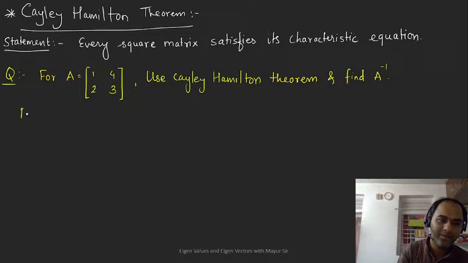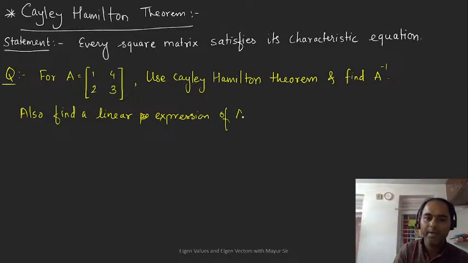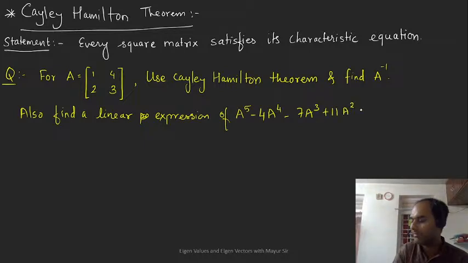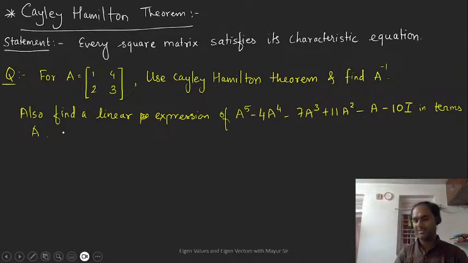And also find a linear polynomial or linear expression of A raised to 5 minus 4A raised to 4 minus 7A cube plus 11A square minus A minus 10I in terms of A. This is how they ask, in terms of A.